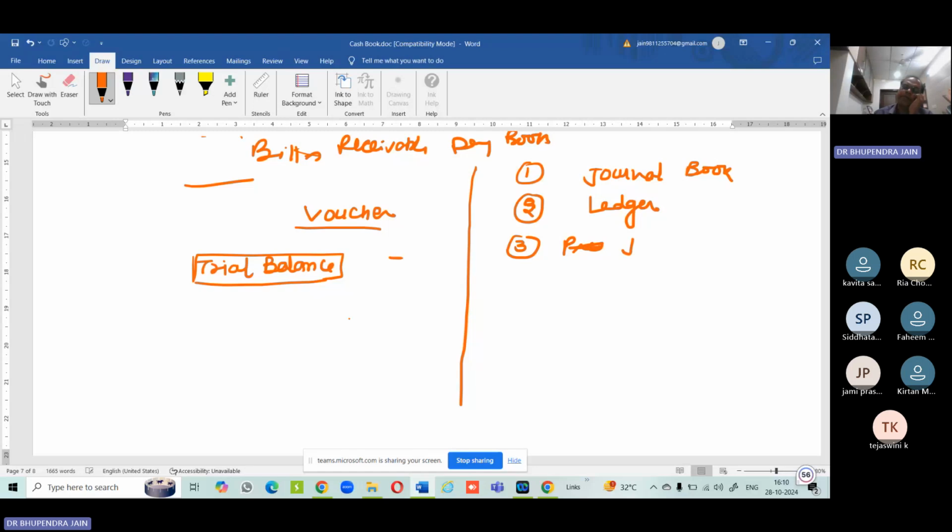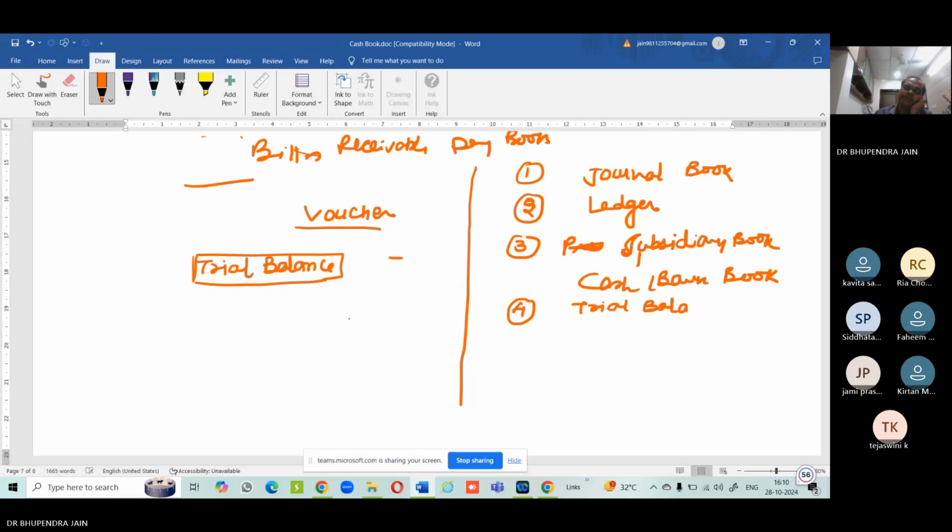And third step, prepare the subsidiary books, including cash and bank. After preparation of all the ledgers, now we will prepare the trial balance.